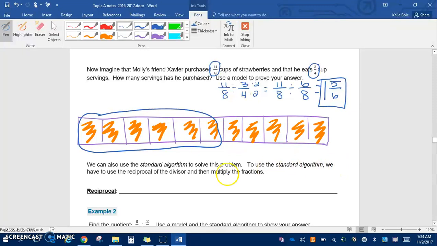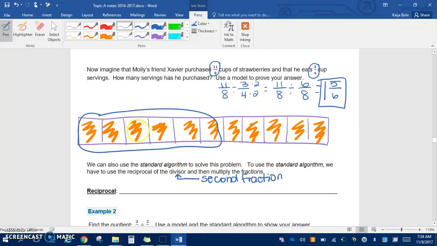To use the standard algorithm, we have to use the reciprocal of the divisor and then multiply the fractions. Alright, so remember, the divisor is going to be the second fraction. It's what we are dividing by.